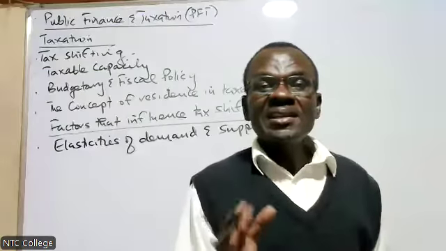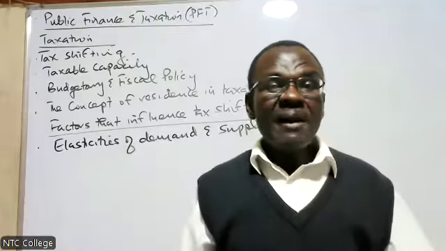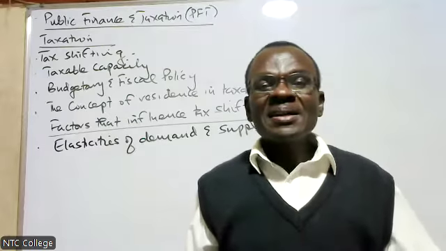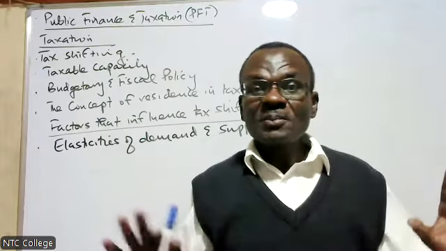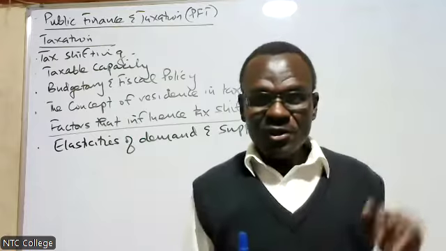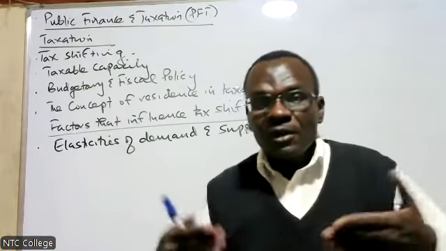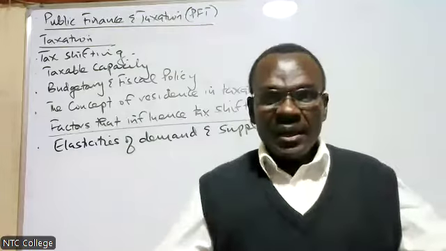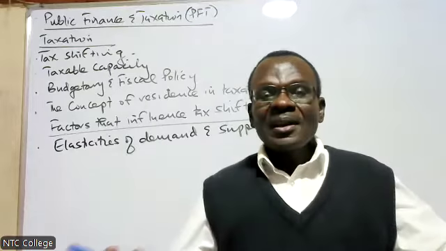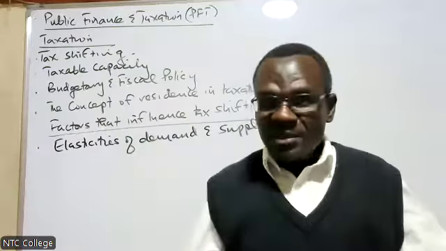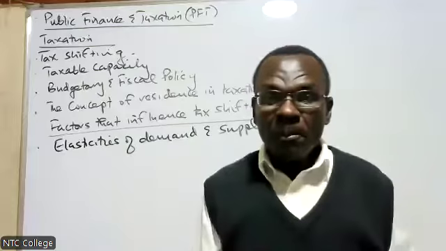If supply is inelastic, like farm products, then farmers cannot pass taxes to their consumers. Inelastic supply means, for example, if you're a farmer and you brought tomatoes to the market, they are perishing. If the price is not right, you cannot return them home.